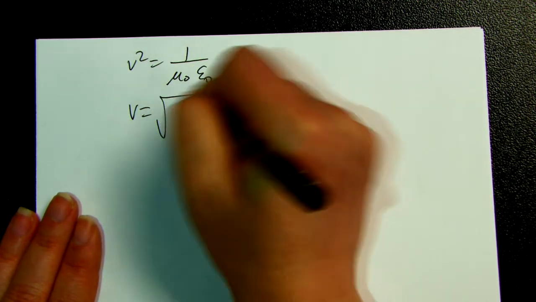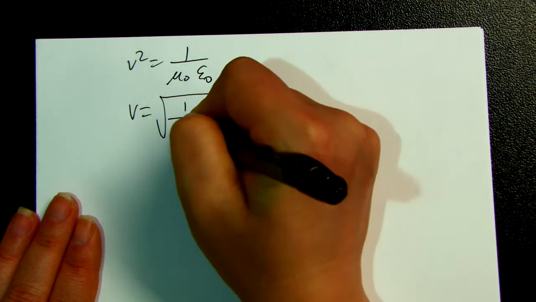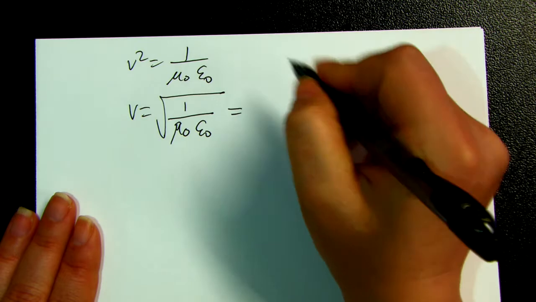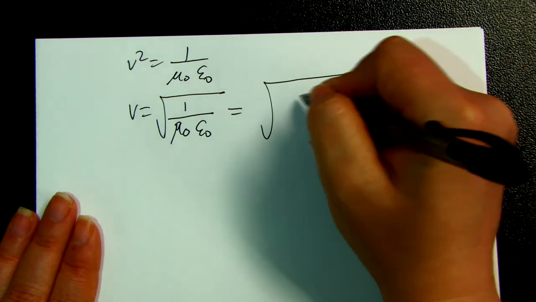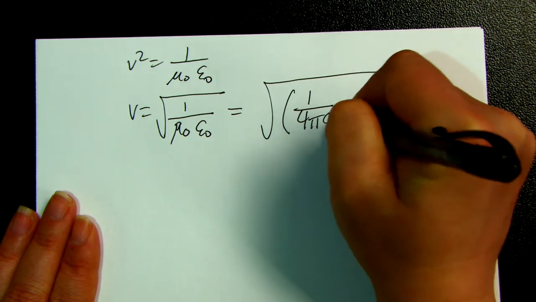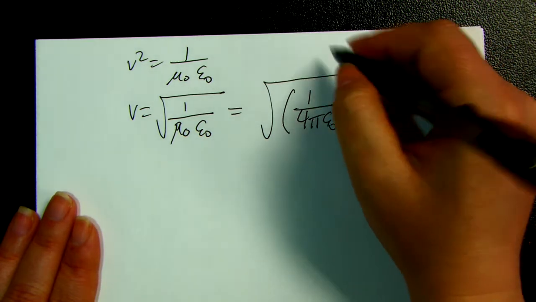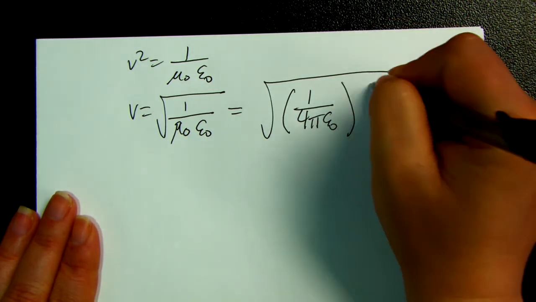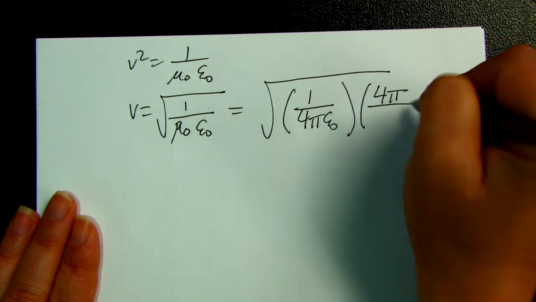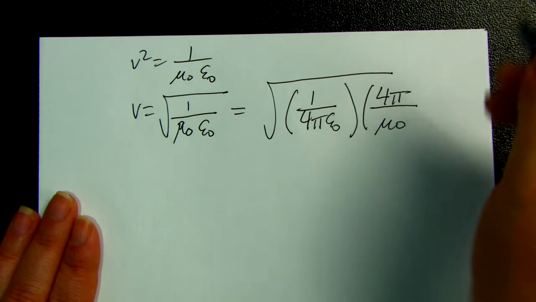V is equal to the square root of 1 over mu naught epsilon naught, which is equal to the square root of 1 over 4 pi epsilon naught times 4 pi over mu naught.